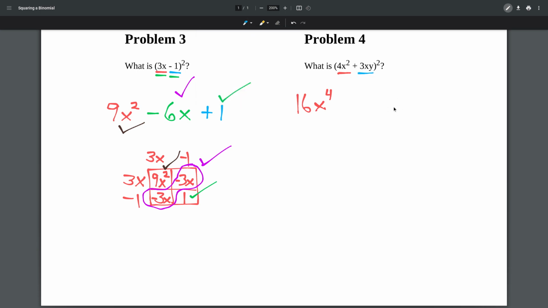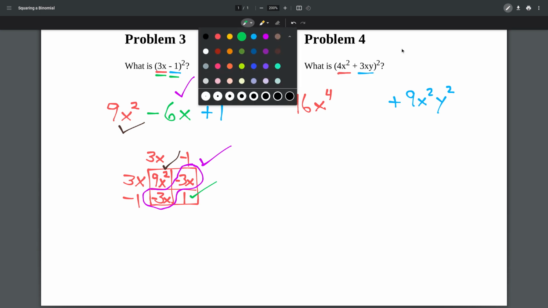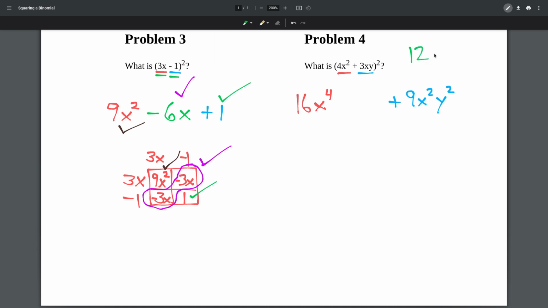That's going to be plus 9x squared y squared. Okay, and then let's multiply these together. So 4x squared times 3xy, that's going to be 12x cubed y. But we're going to have to double this, so we're going to make it plus 24x cubed y.